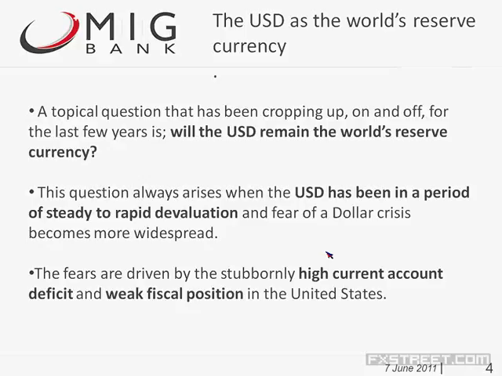And what I find is that this question always seems to crop up when the US dollar has been in a period of steady to rapid devaluation and fears of a dollar crisis become more widespread.